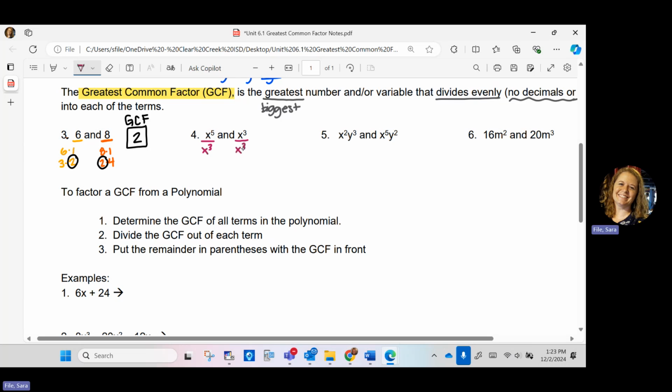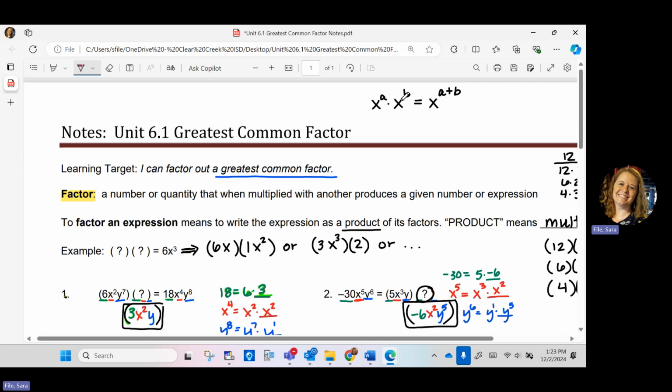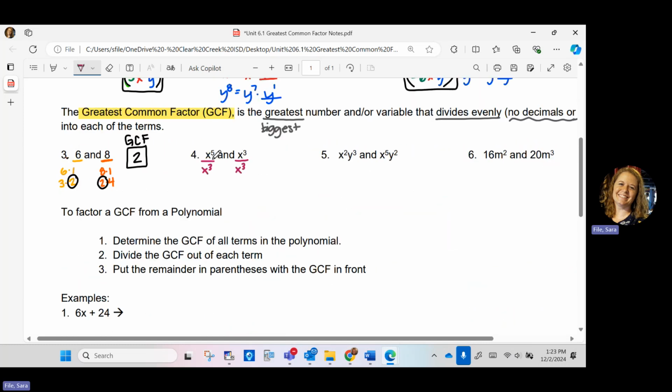Remember, when you're multiplying like bases, you add the exponents. What do you do when you divide like bases? You subtract the exponents.